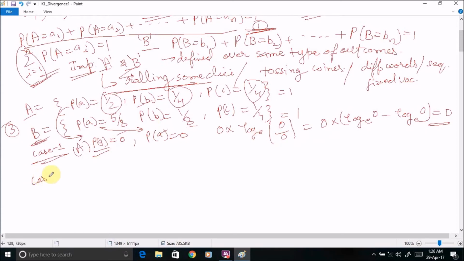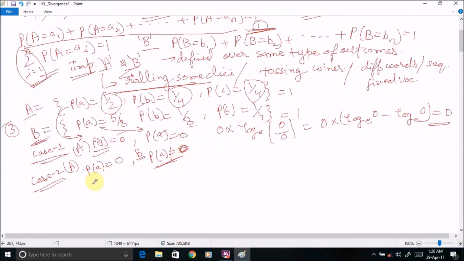But now suppose we have case 2, such that the probability of occurrences of event A is equal to 0 in probability distribution A. Similarly, the probability of occurrences of event A is not equal to 0 in probability distribution B. This means that the first event of probability distribution A says that this event is not possible, and at the same time the first event of probability distribution B says that this event is possible with some probability greater than 0.